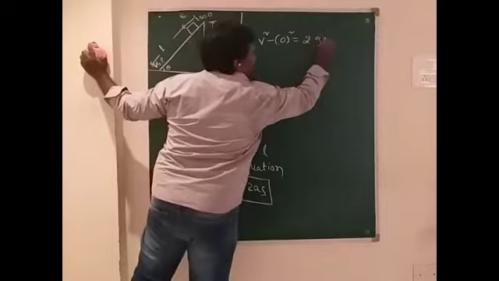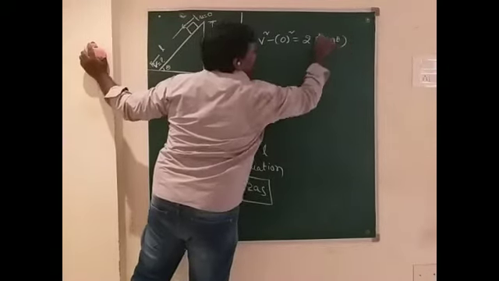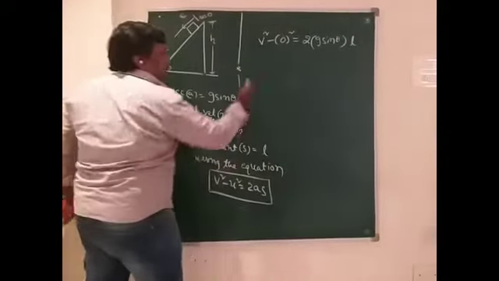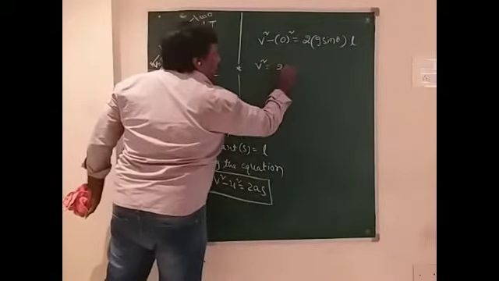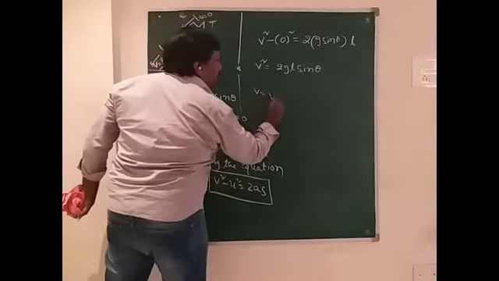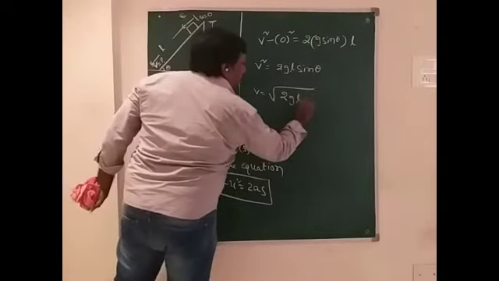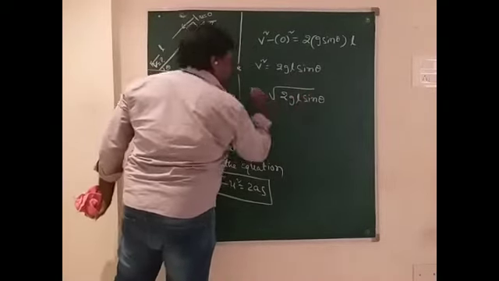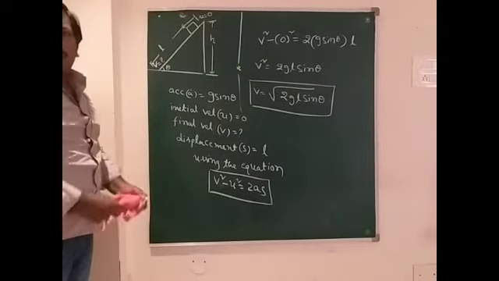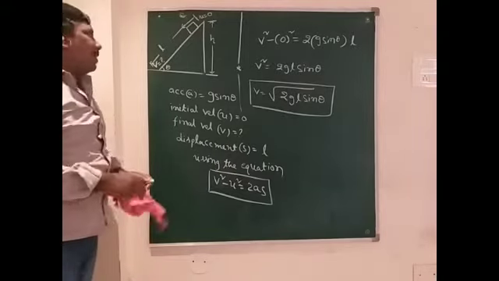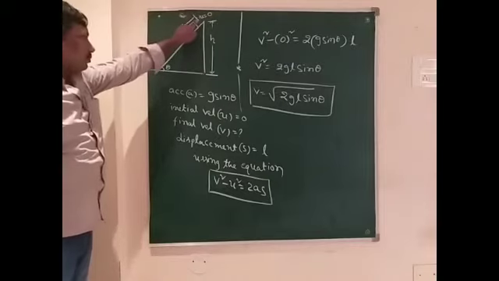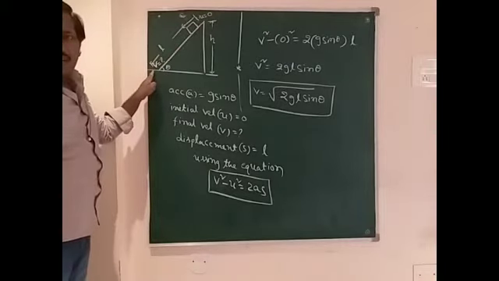Here A is g sin theta, and S is the length of the inclined plane, L. Therefore V square equals 2gL sin theta, so V equals root over 2gL sin theta. So this is the final velocity of the body. Now we can find out the time taken by the body to reach from the top of the inclined plane to the bottom of the inclined plane.